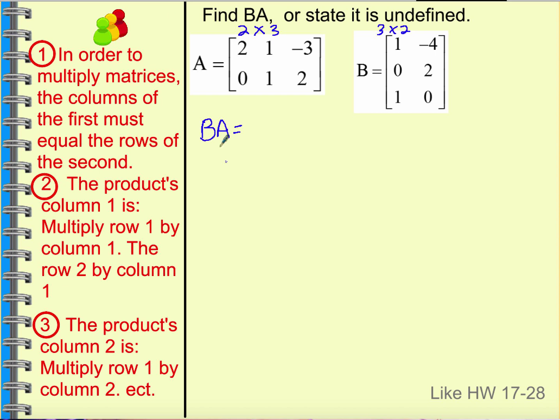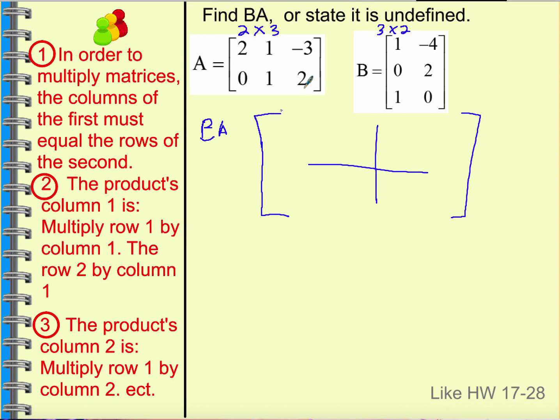So I'm going to set up my 2 by 2 matrix. If we're trying to find B times A, let's actually turn this around so that we're looking at it in the proper order.